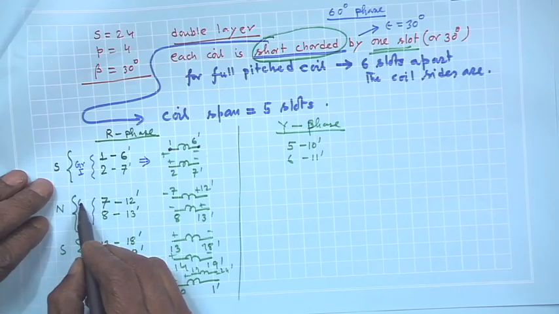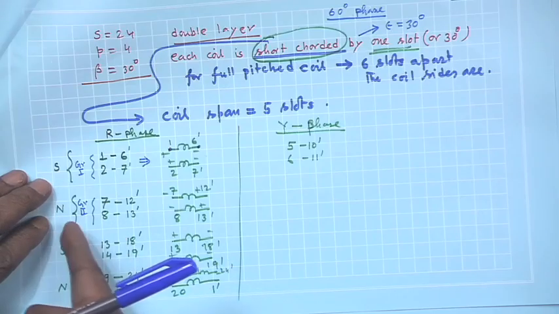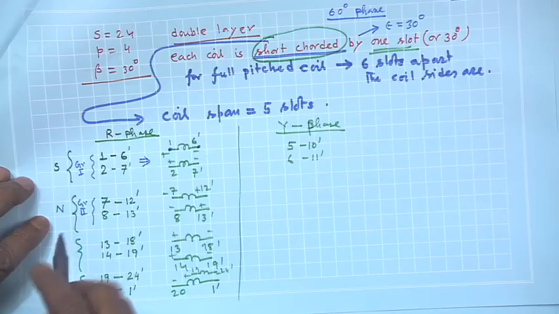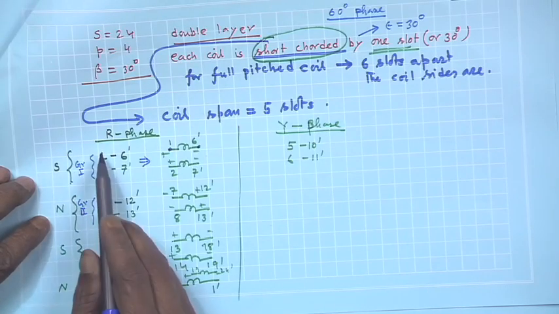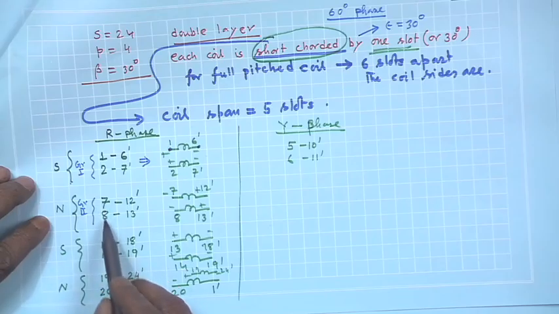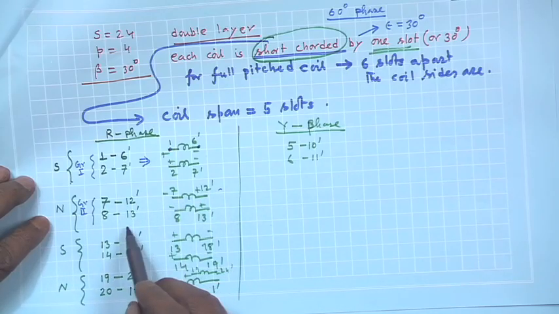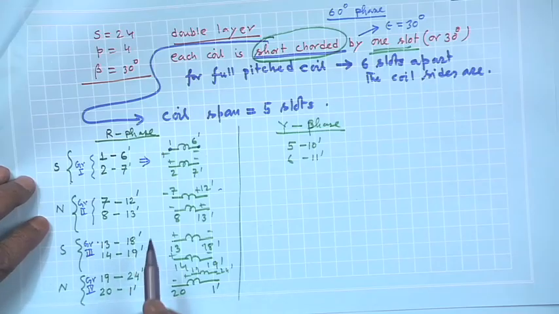Similarly, this will be group 2, but where will the next 2 consecutive slots be allotted to R phase? It will be 180 degrees after that, because after all the south pole will finish after 180 degrees. So, 7 and 8 should be allotted, then 7 and 12 dashed is its return, and so on, and this is group 3 and this is group 4, and this is how we got it.